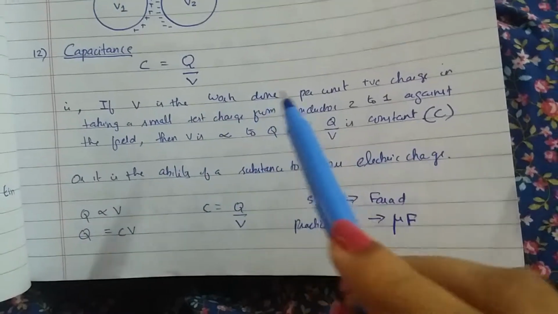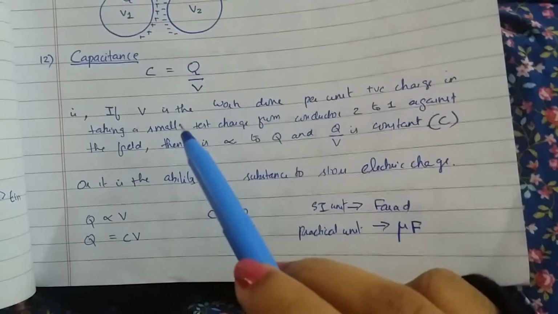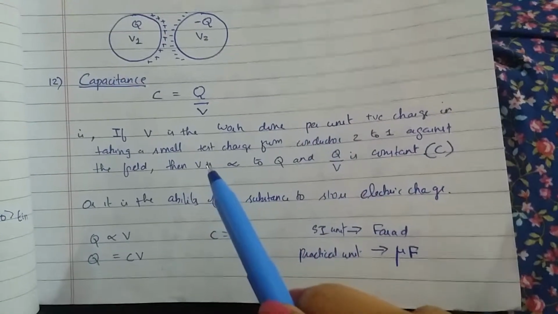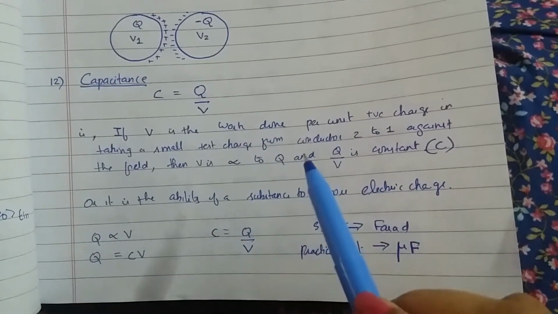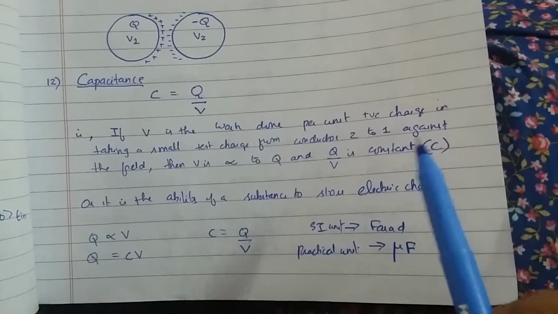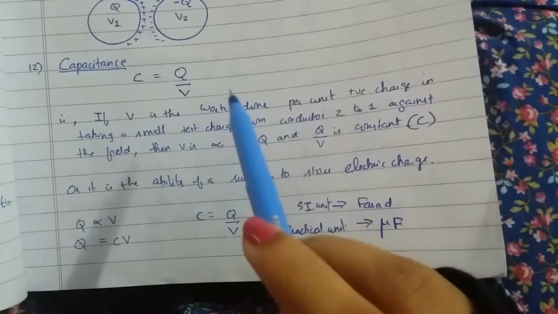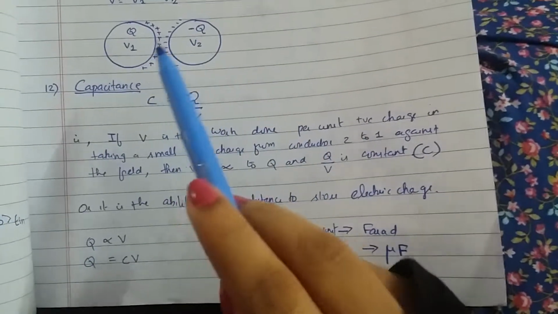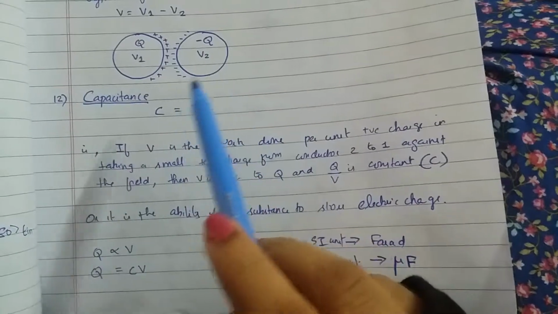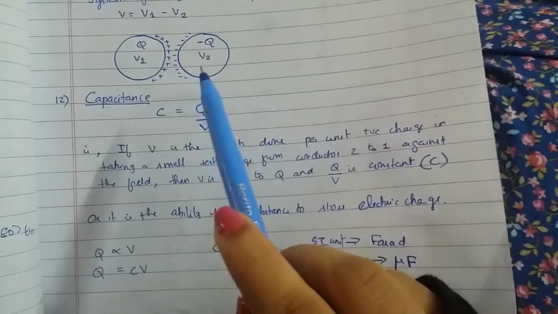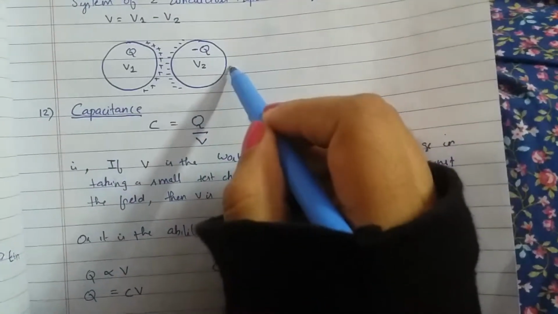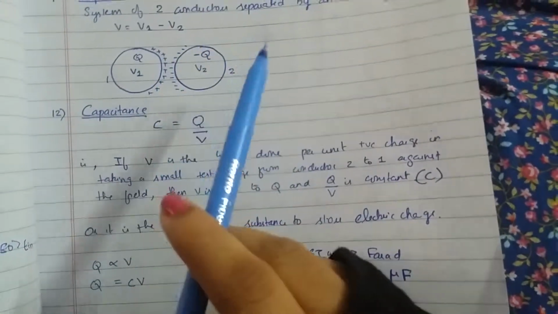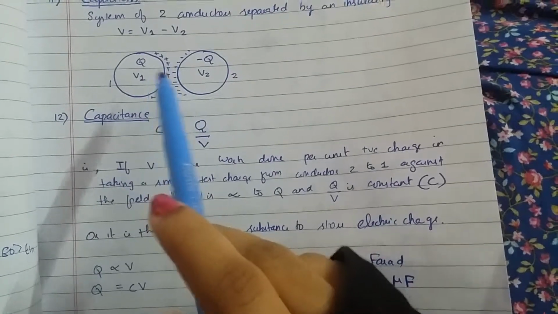If V is the work done per unit positive charge in taking a small test charge from conductor 2 to conductor 1 against the field, then V is proportional to Q, and Q by V is a constant C. Let this be conductor 2 and this be conductor 1.